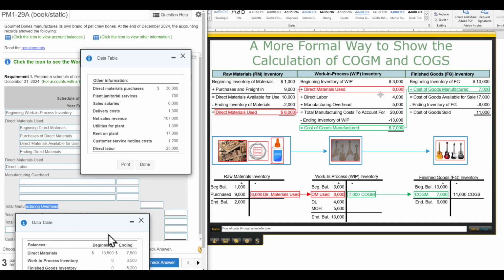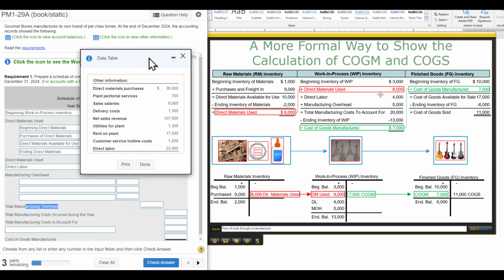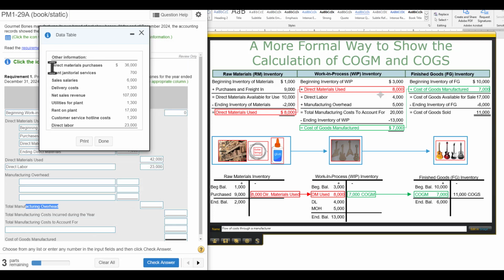So let me close this. This does not have manufacturing overhead in it. So we have to go through here and see which one of these are manufacturing overhead. Let's start here. Direct materials, we've already used that. Plant janitorial services.